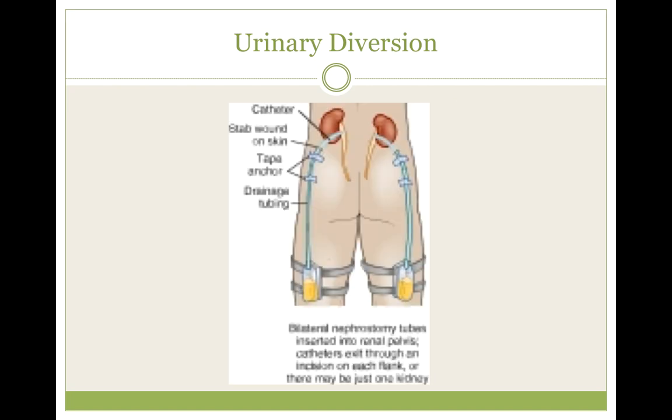And then the other type of incontinent diversion is the nephrostomy, and this patient will have tubes inserted into the renal pelvis. If they have one kidney, then they may just have one of these, but they will also have pouches that can often be strapped onto their legs.